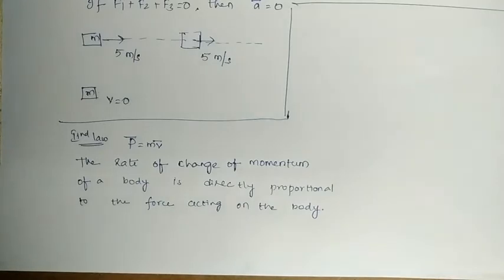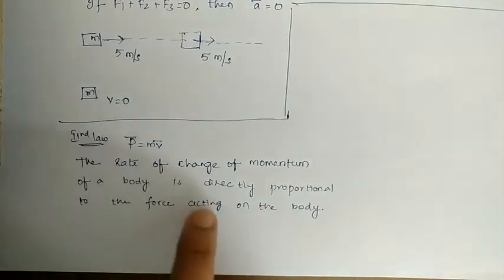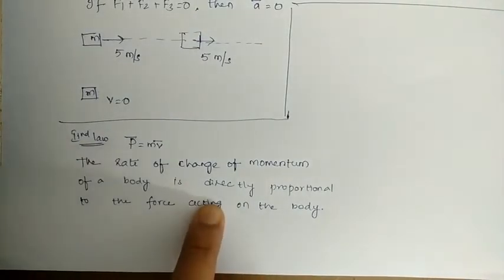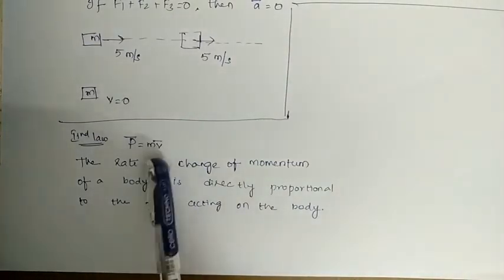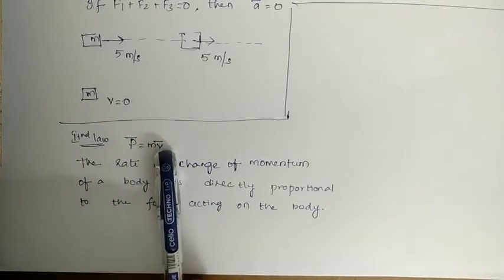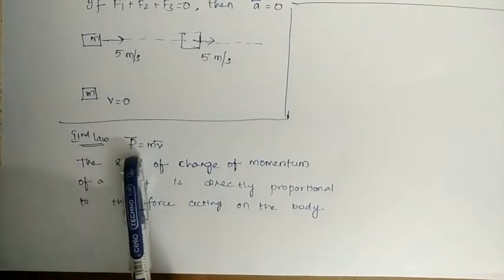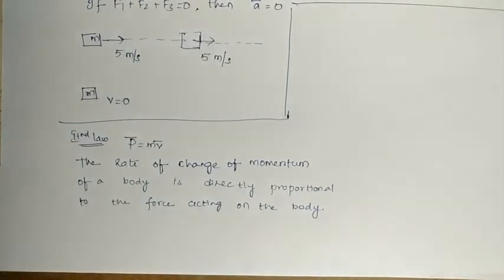If the sum of forces is not equal to 0, then acceleration will be a non-zero quantity. So when there is some net force acting, there is an acceleration. Acceleration changes the velocity, so when v changes, p also changes. So momentum is changing.